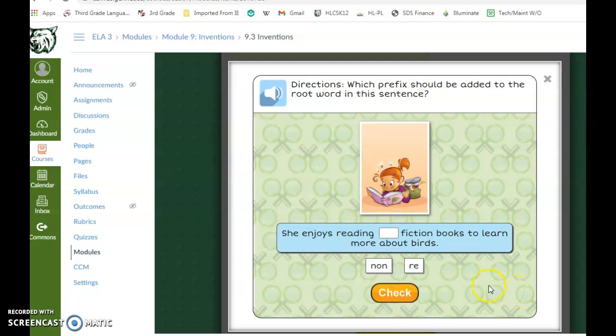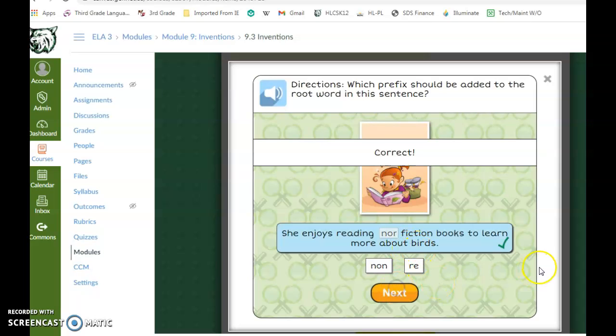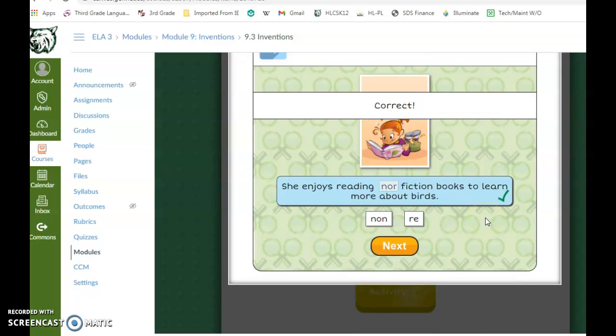She enjoys reading blank fiction books to learn more about birds. So if it's a book that you are learning information from, we know it's true, and fiction means fake. So what would be not fake? Oh, non means not. So it would be non. So that is how you play that game.